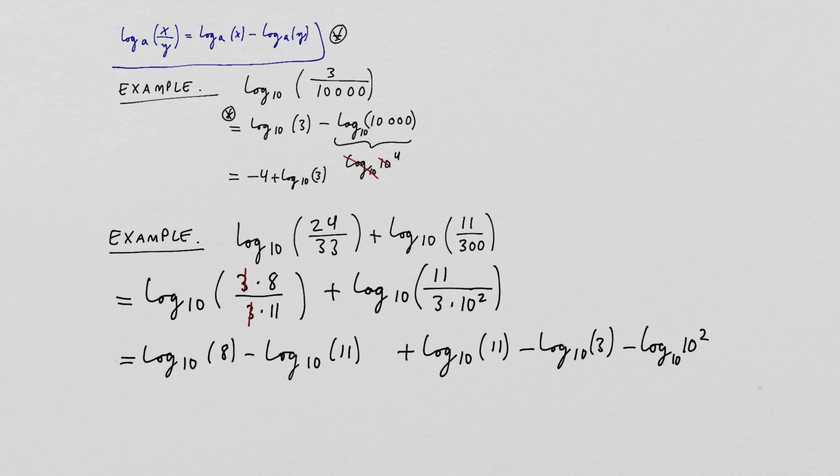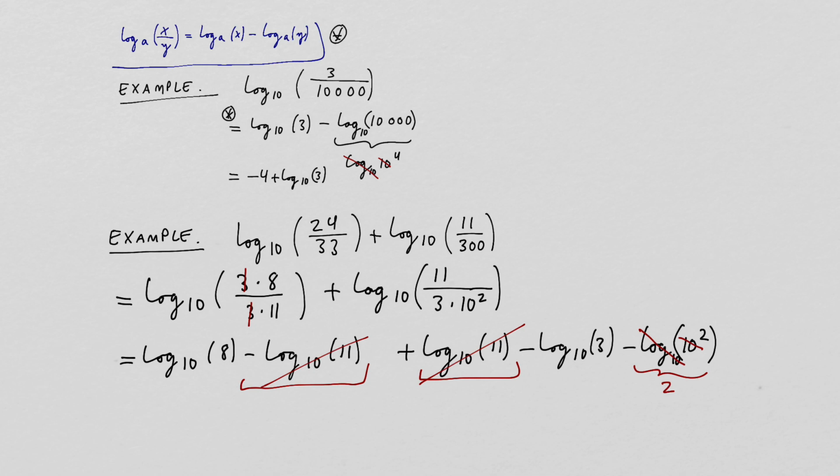Now the 3 and the 10 to power 2 were both in the denominator, so we got two terms with a minus sign. Now we have here log 10 of 11 and minus log 10 of 11. These will cancel out. And in the last logarithm, the logarithm and the 10 we can cancel out and we will just get 2.